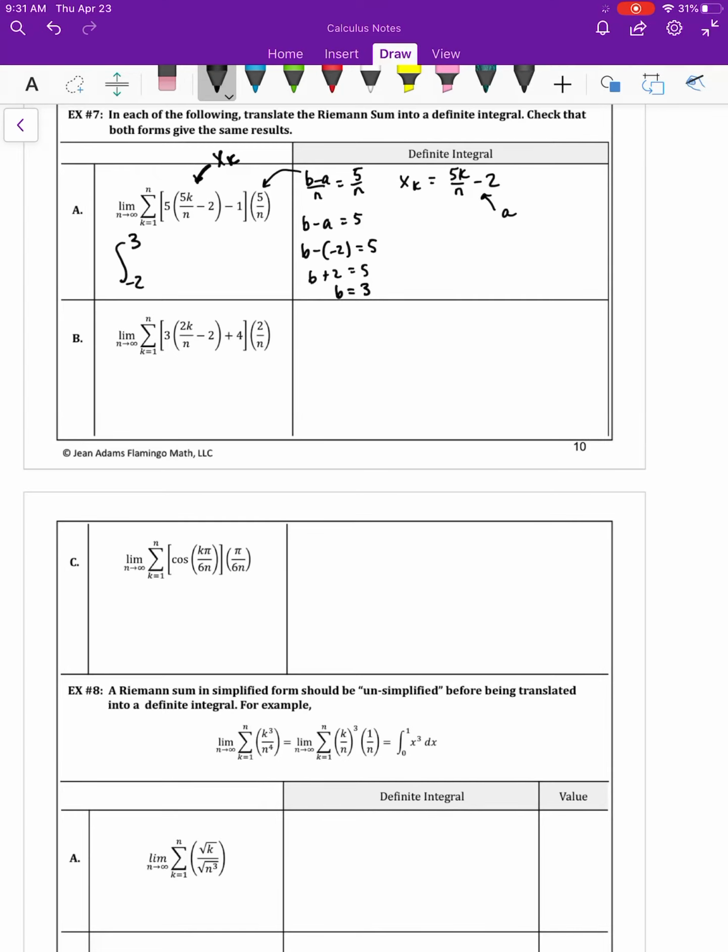Okay? So if b minus a is 5 and my a is negative 2, then b plus 2 equals 5, then b equals 3. So it looks like we've got the integral from negative 2 to 3, and then this looks like 5x minus 1 dx.